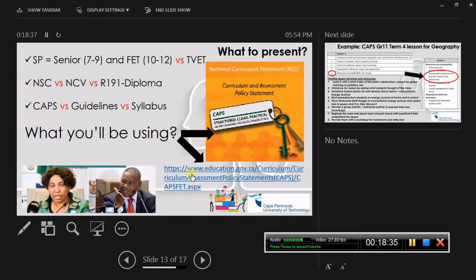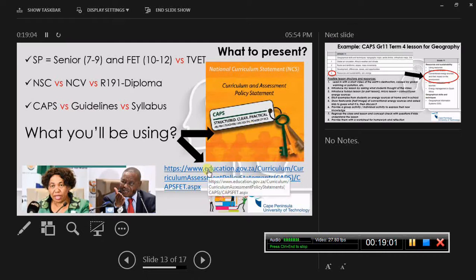Now, this link over here, which I will provide to your class reps, who will provide it to you in your groups, is the link where you find all the CAPS documents for all the subjects. Each CAPS document contains grade 10, 11 and 12, term 1, 2, 3 and 4. So it's a comprehensive document that gives everything for the subject for grades 10, 11 and 12.